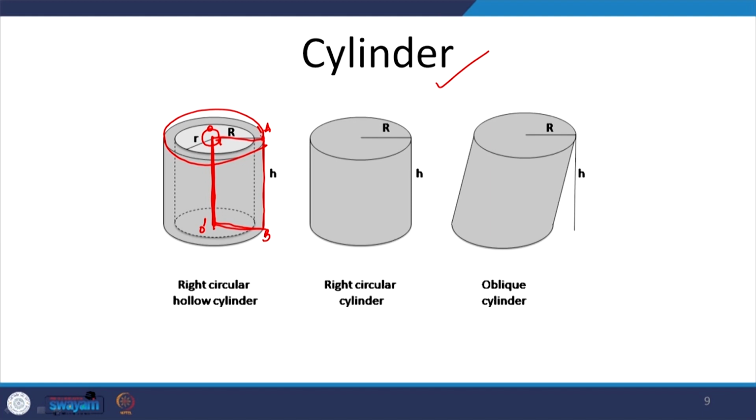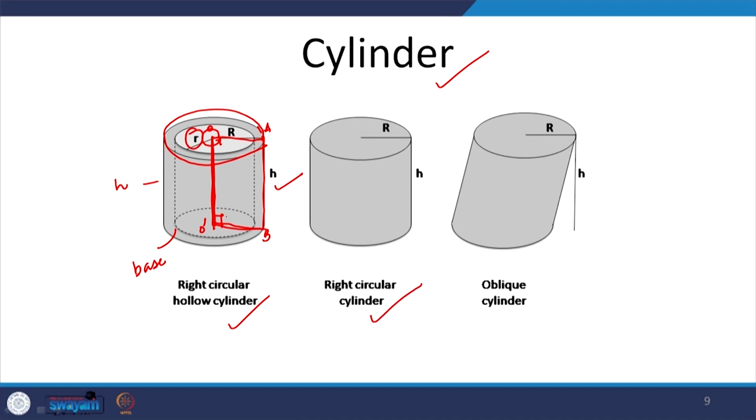So, in a cylinder, what do we have? We have a base, we have height, which is h, we will have a radius. This is what will define a cylinder, which is formed by revolving a rectangle about one of its sides, which is also called the axis. We could have different types of cylinders, we could have hollow cylinders, we could have right circular cylinders.